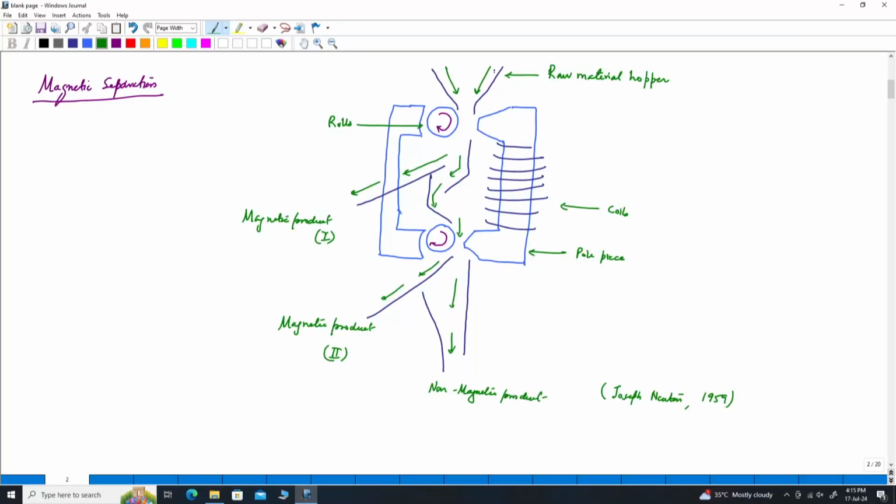Now, what we know is strongly magnetic materials would require low intensity because they are already behaving, they are already magnetic materials, so would require lower magnetic forces or lower intensities, and high intensity magnetic forces would be used for lesser magnetic materials.